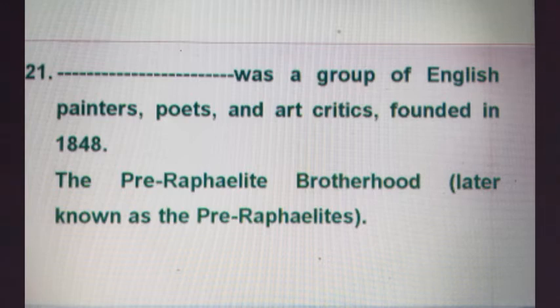Answer: The Pre-Raphaelite Brotherhood, later known as the Pre-Raphaelites. The Pre-Raphaelite Brotherhood was a group of English painters, poets, and art critics founded in 1848.